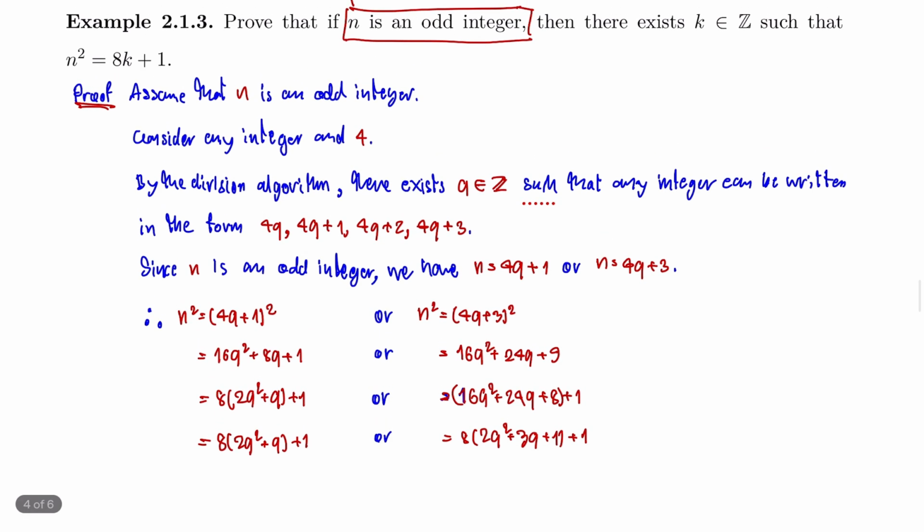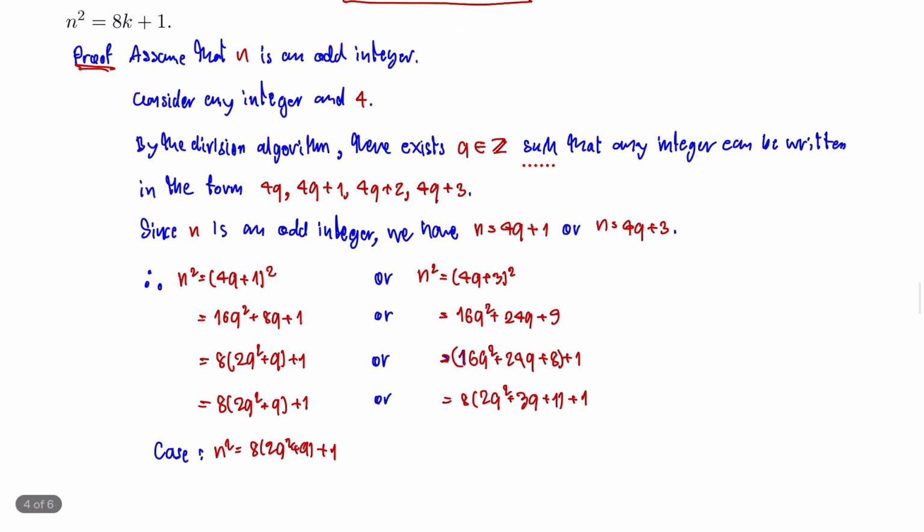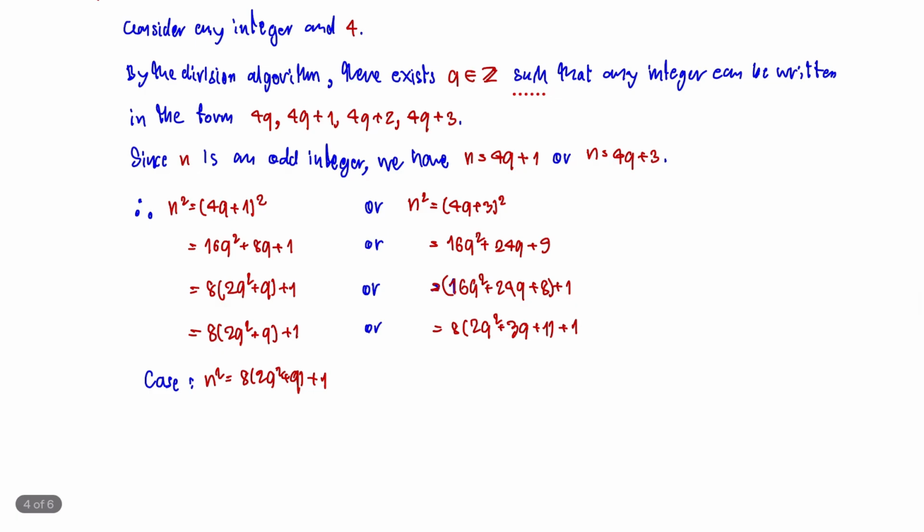We have to show that there exists k such that n squared equals 8k plus 1. So we start from the first case, where n squared equals 8 times 2q squared plus q, plus 1.